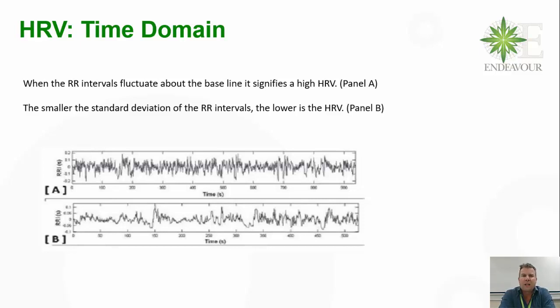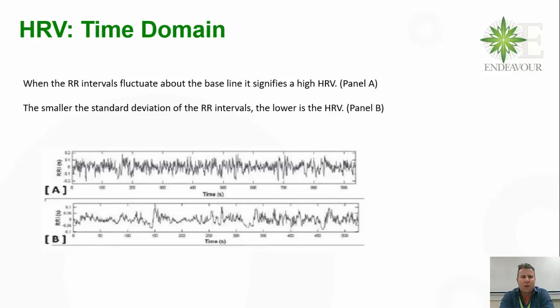Heart rate variability is thought to be healthy when it's high, so a high heart rate variability. And that's what's shown in that top panel there in panel A. You've got your RR interval in seconds and across time in your x-axis, and there's a high variability of different RR intervals across time in that top panel.